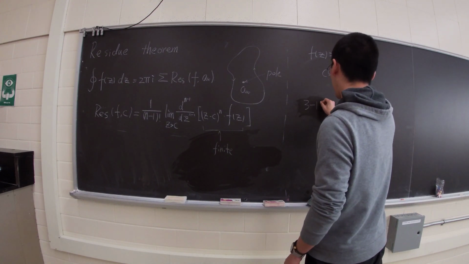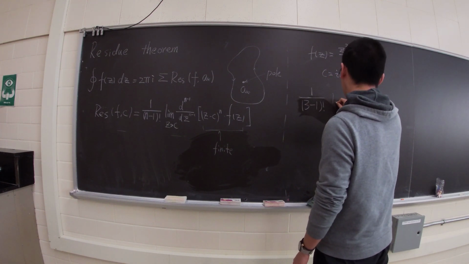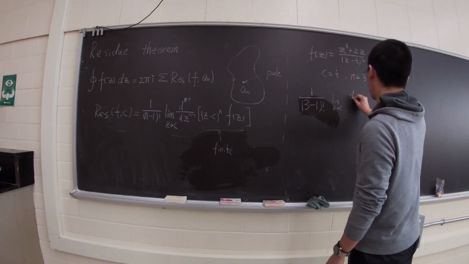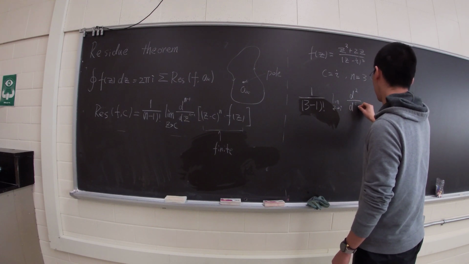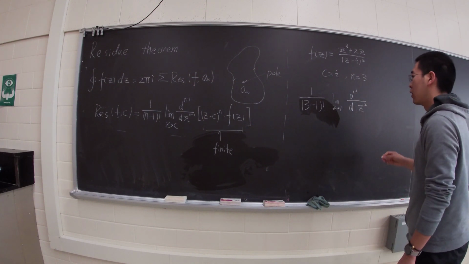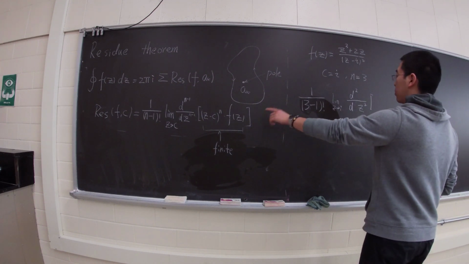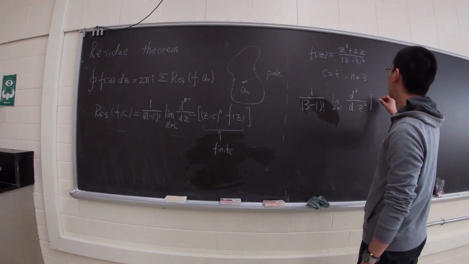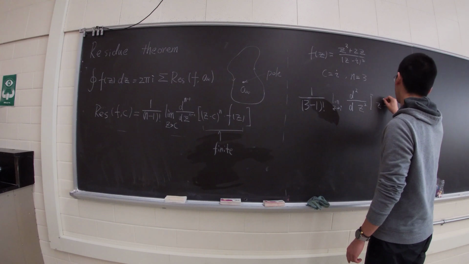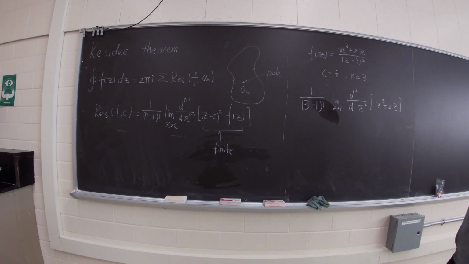So 1 over (3 minus 1) factorial, limit as z goes to i, of the second derivative of (z minus i) to the third power times f(z). This awfully looks like the one we already did here.